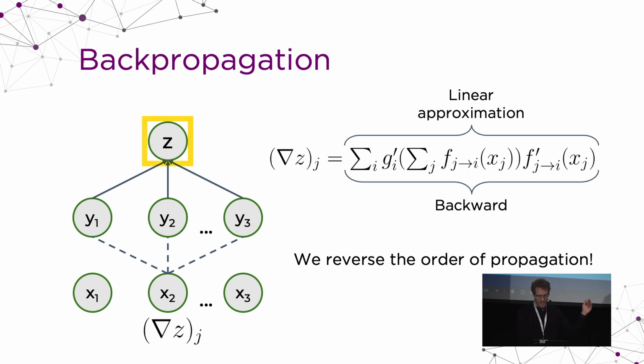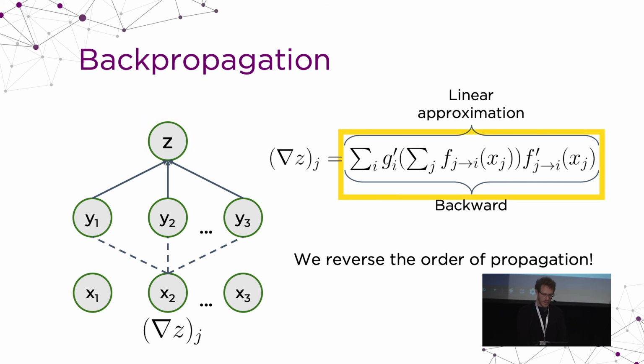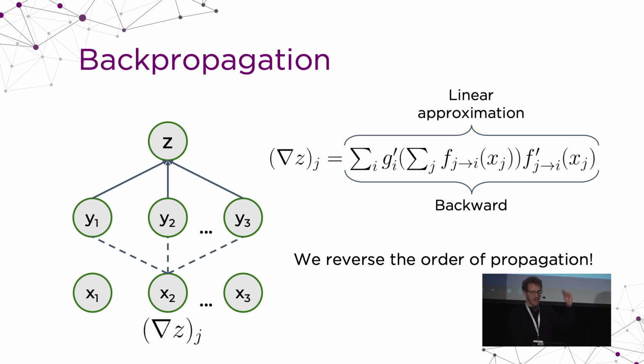I will start from the end, and I will compute these expressions edge by edge, and then I must multiply these expressions together and sum them. So this expression is the product of the value associated to this edge with this edge, plus the value of this edge with this edge, plus the value of this edge with this edge.